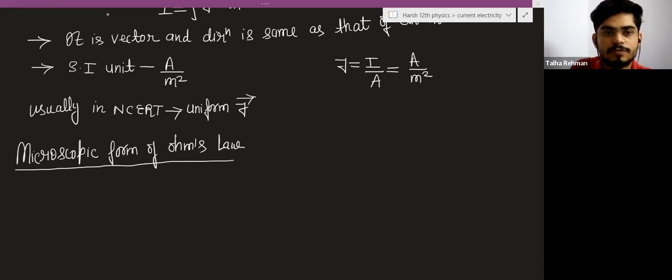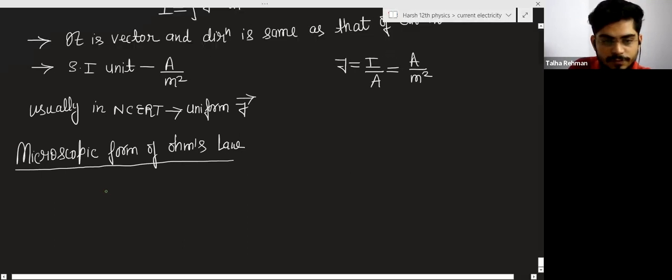So the microscopic form of Ohm's law is given as J, current density, is equal to sigma into electric field. Either you can write it in this way, or you can write J is equal to 1 upon resistivity into electric field.